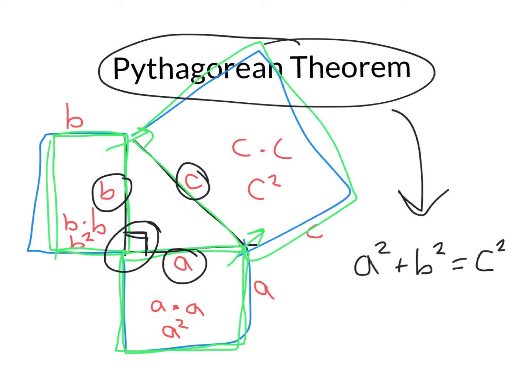And what you saw in that water demo or water proof was somebody proving that this Pythagorean theorem, that a squared plus b squared always equals c squared, is true. You could visually see that it's true.